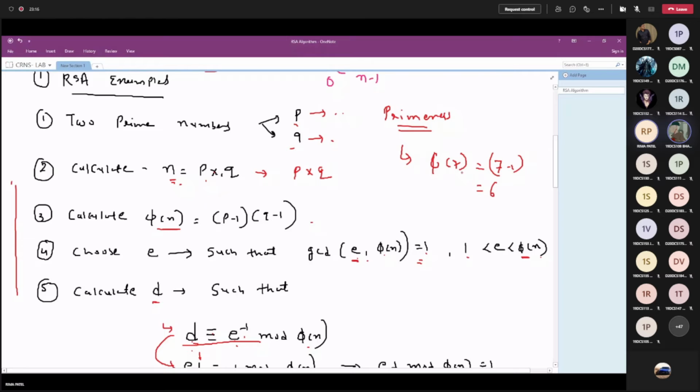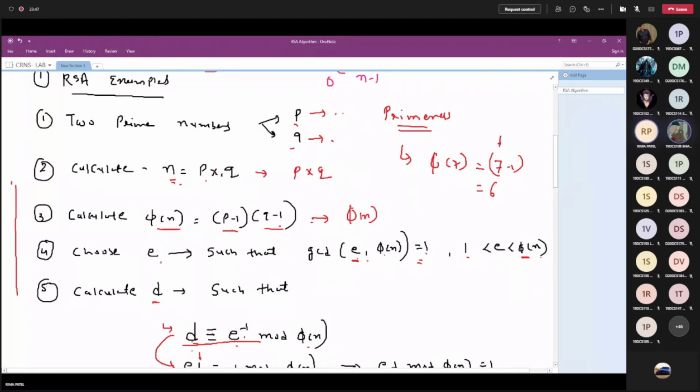So the Euler totient function of 7 is 6, because 7 is a prime number. So can I write it like this: phi of n is P minus 1 times Q minus 1? What is n? n is nothing but P into Q. Yes or no? Yes, ma'am. Can I apply that prime rule over here? Yes, the values of P and Q are prime. So I'll simply put (P minus 1)(Q minus 1). So now I have calculated phi of n also.